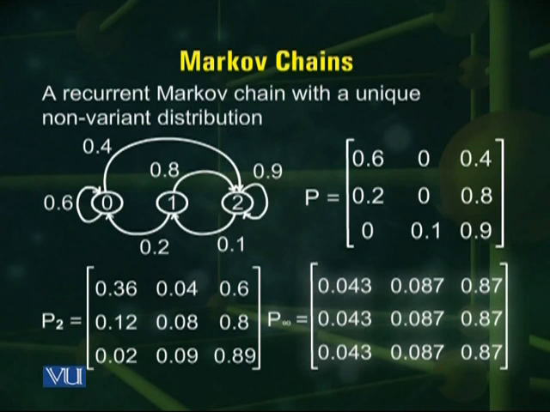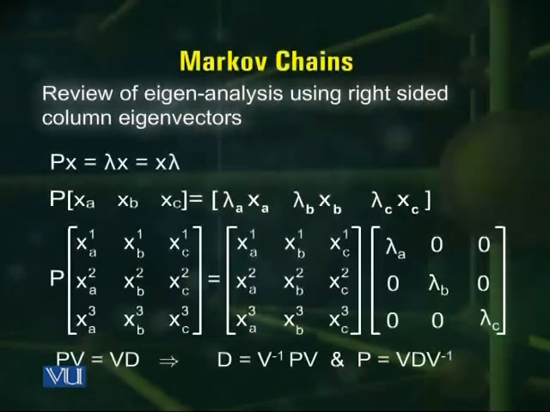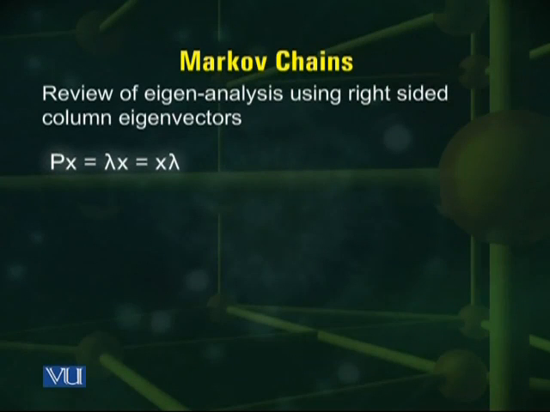Before doing the left-sided row type eigenvector-based eigenanalysis of this case, let's have a look at the traditional right-sided column type eigenvector-based eigenanalysis. The next slide shows how you perform a regular traditional eigenanalysis of a square matrix P when you have your vectors as right-sided column vectors.